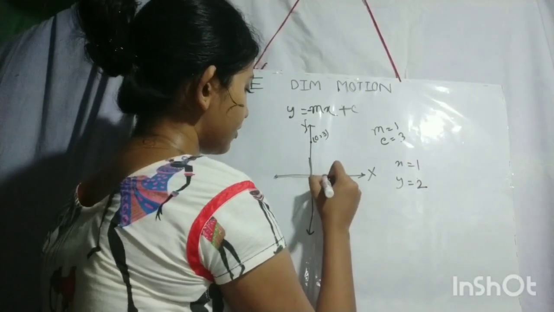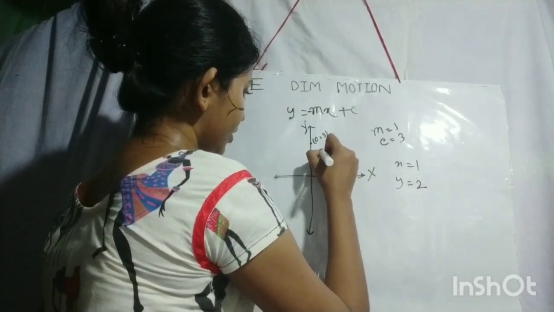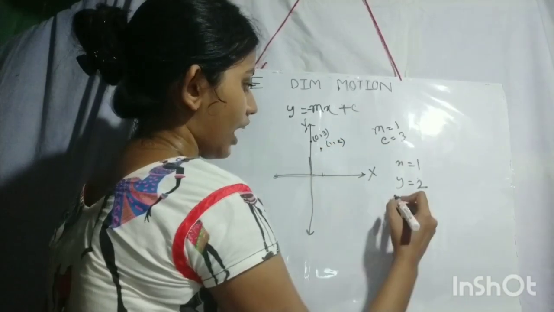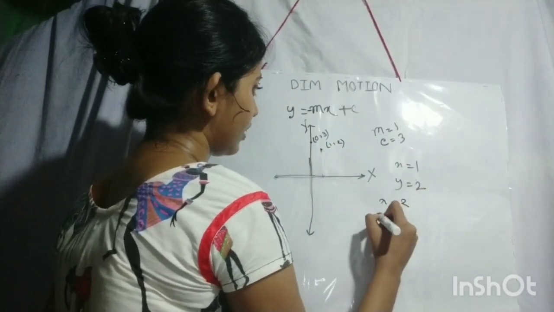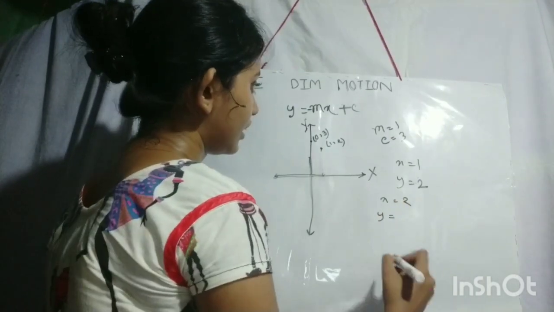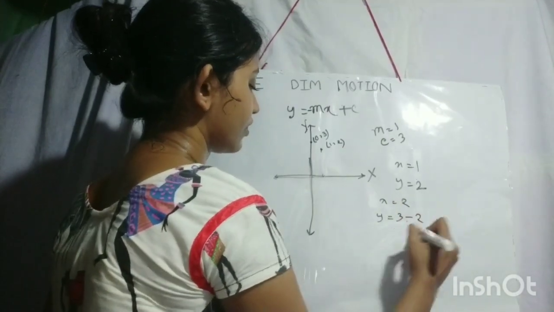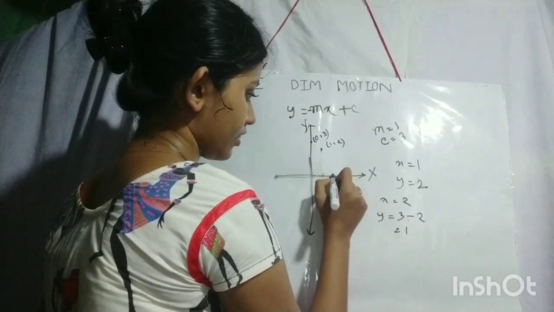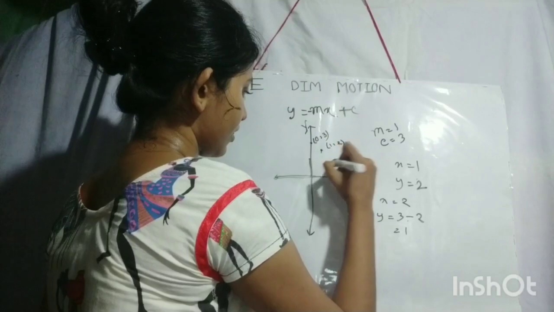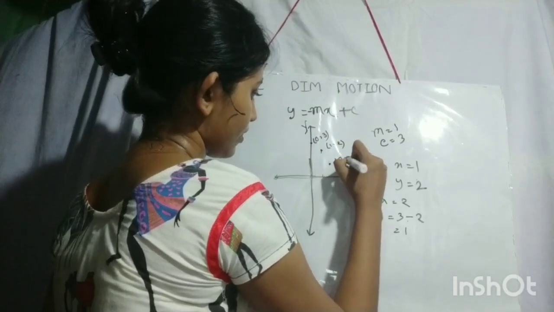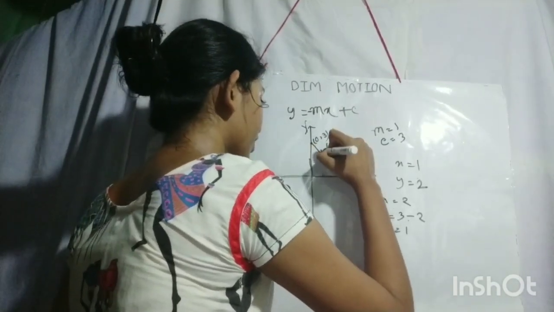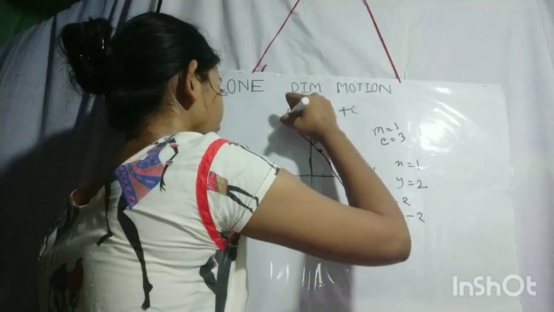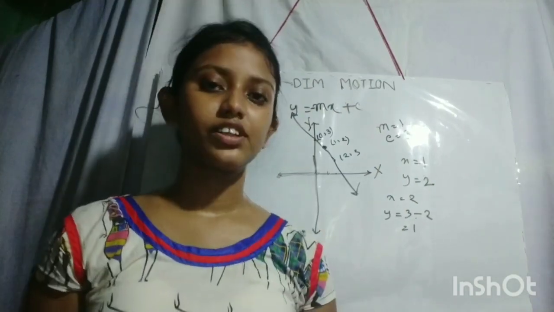Okay, this is 1, this is 2. And if x equals 2, then y equals 3 minus 2, that is 1. So the graph will decrease in this one. So this is y equals c minus mx.